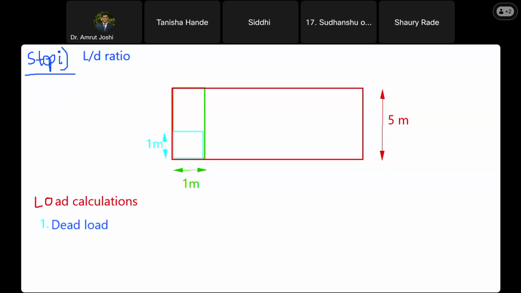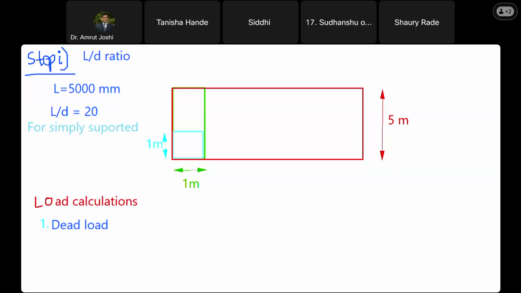So L is equal to 5000 mm. And in the last class, I told you that if the slab is simply supported, then the L by D ratio allowed by the code IS 456 is 20 for simply supported.